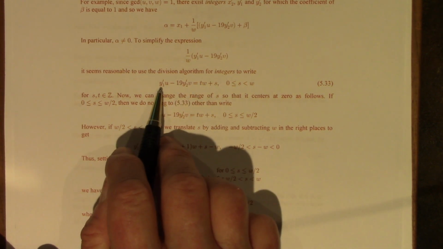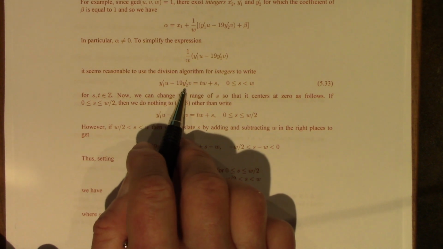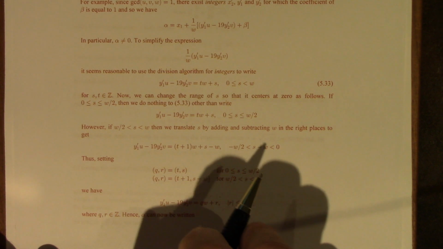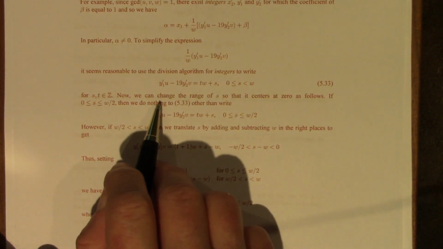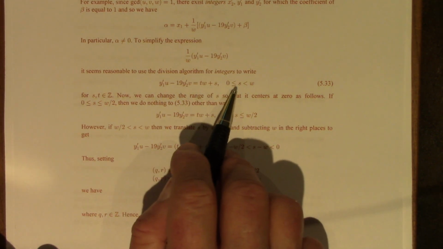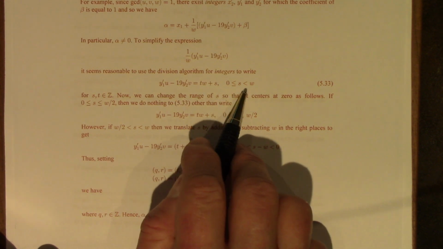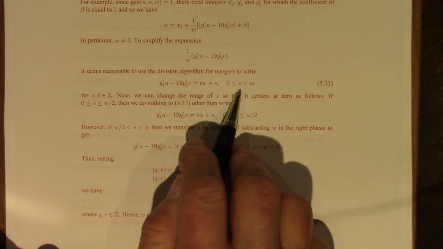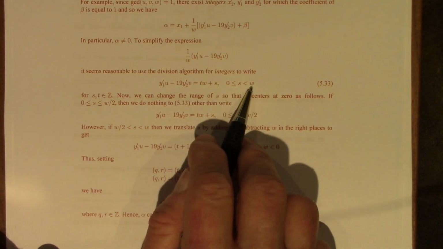Okay, y1 prime, y2 prime came from z prime, but we chose them as integers. Now, one thing that we're not happy with, although it may not be obvious at this moment, is the range for s.